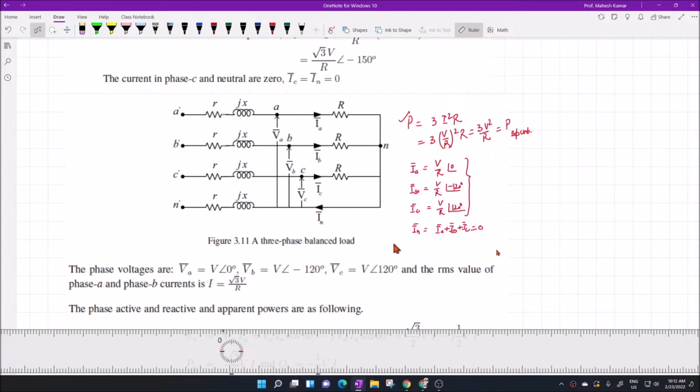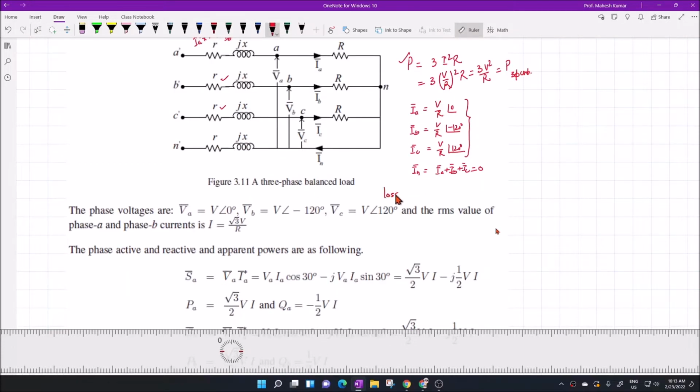but losses are different. The losses can be computed by, again, IA square into R plus IB square into R, and then plus IC square into R. IN square is 0, so IN square into R becomes 0. Now, since IA, IB, IC are the same in magnitude, RMS values, losses will be 3 I square into small r.